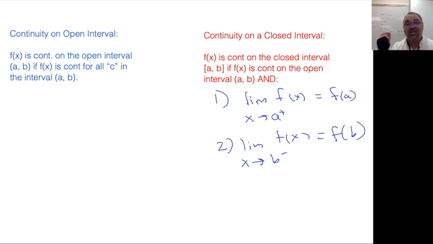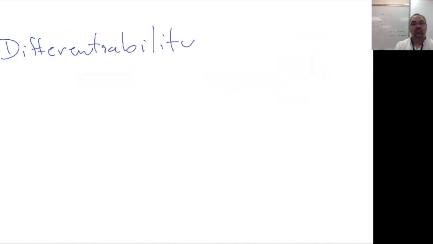It was really obvious on last year's BC exam, the students that truly paid attention to that. Because there's one really important thing that College Board wants you to remember, that differentiability implies continuity.